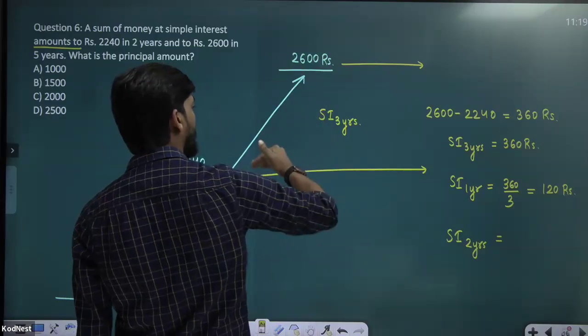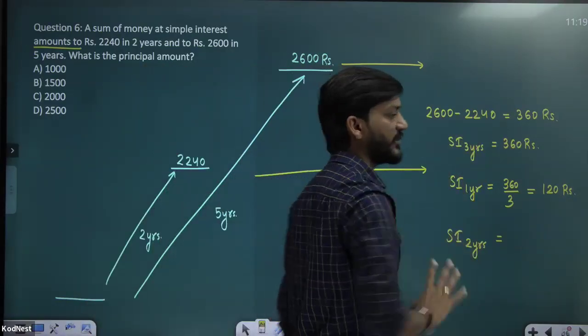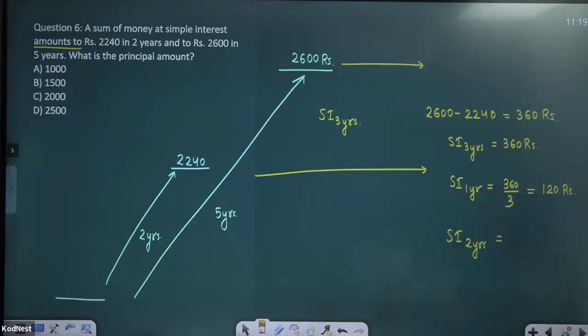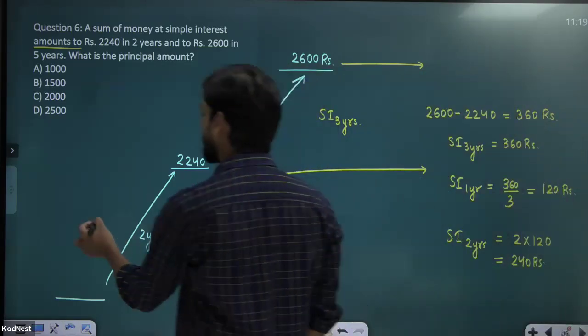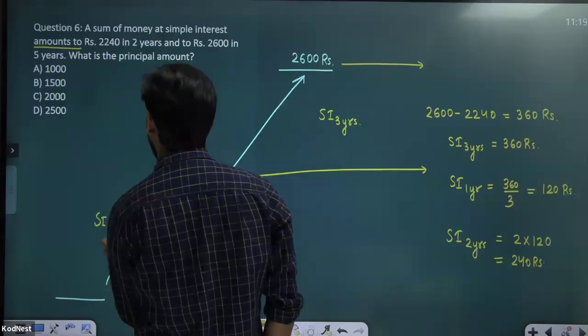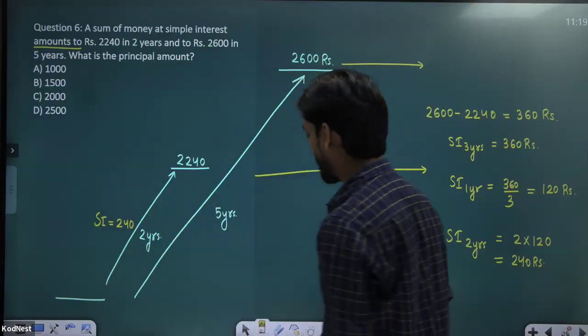So in the last 3 years, 360 rupees interest. So 1 year, 120. So 2 years, 240, twice of 120, because every year interest is the same. So you can do it. 240 rupees. All right. Please write this value there. Simple interest, 240 rupees for 2 years.